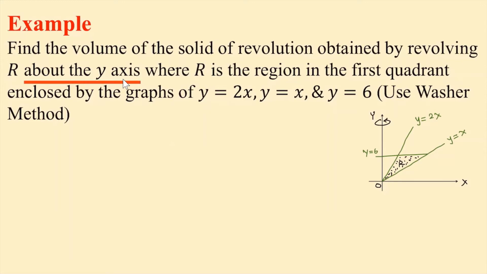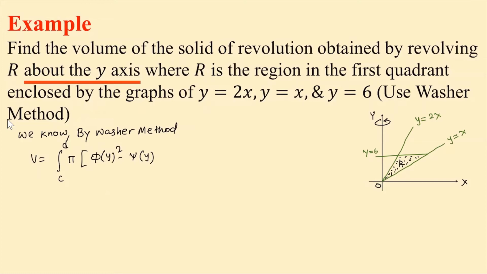When you are revolving the region about the y-axis, and when you want to use the washer method, the formula is, let's write that down. We know by the washer method, the volume is equal to the integral from c to d of pi times [P(y)]^2 minus [psi(y)]^2 dy.